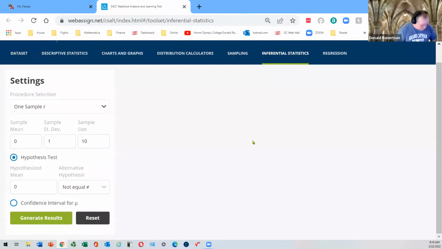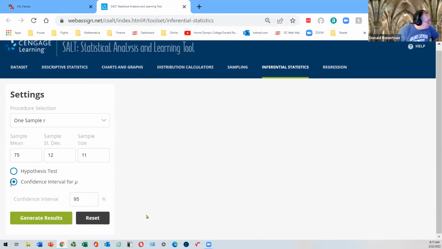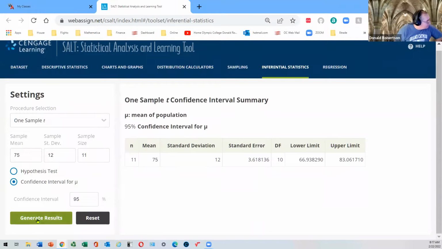Picking one sample T. And the mean, let's say the mean was 75. Let's say the standard deviation was 12. Let's say the sample size was 11. So you just put in whatever the mean, the sample deviation, and the sample size is. You go down here, and you hit confidence interval, and you put in whatever number you wanted, say 95, and you generate results. And here would be your interval.